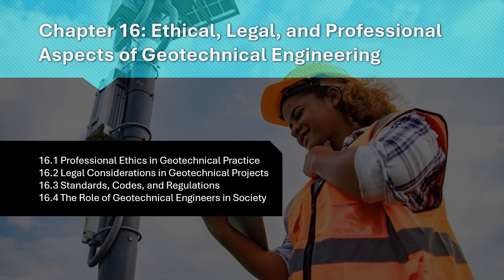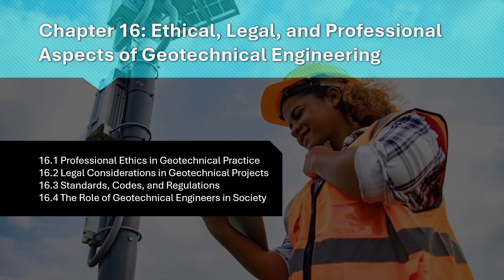2. National standards. Each country typically has its own set of geotechnical engineering standards that align with local conditions, climate, and regulatory requirements. Some examples include ASTM, American Society for Testing and Materials in the United States.